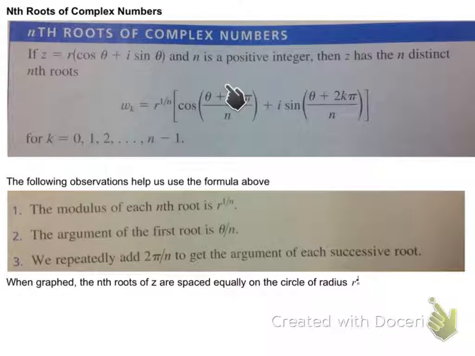It happens every time for the first root. And then, this last one you can ignore for now, because I don't want you guys just to remember some obscure rule. I'd rather have you test it out. Get to the point where you start to see that there is some connection between all of these roots. And it happens to be 2 pi over n to get to the next one, to the next one, to the next one, if you keep adding it.